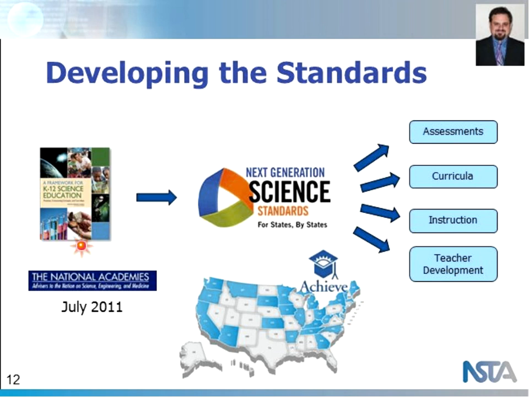The Framework for K-12 Science Education was developed by the National Academies of Science back in July 2011, and that is what is being used to develop the Next Generation Science Standards. Achieve is coordinating that work, and it is being overseen by a consortium of 26 states, highlighted down here. It is these standards that will lead to all the elements we need for our teaching: assessments, curricula, instruction, and teacher development.